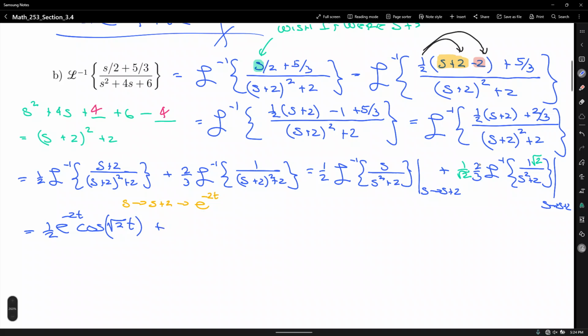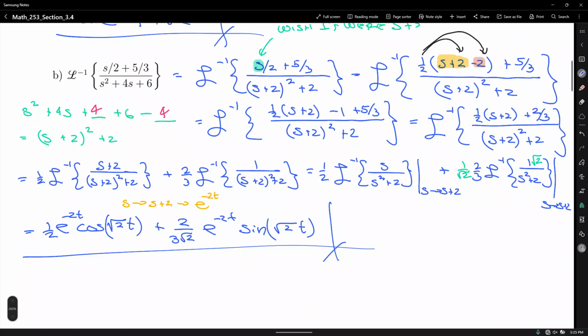Plus 2 over 3 root 2, the same e to the negative 2t, times the inverse transform, which is sine of root 2 times t. All right, and that's about it. That's the inverse transform.